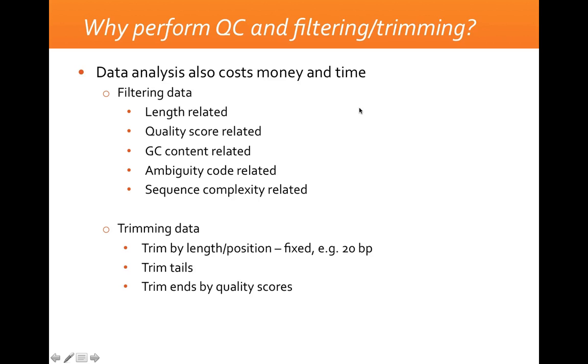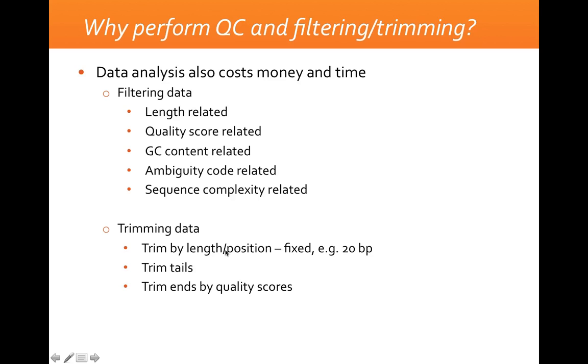You can either filter the data based on a certain threshold, for example, only sequences that are longer than a certain length, or that have a higher quality score than a certain threshold, or you can trim each sequence read based on some criteria.